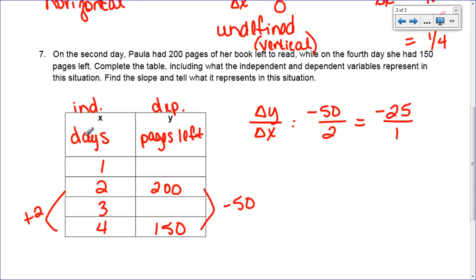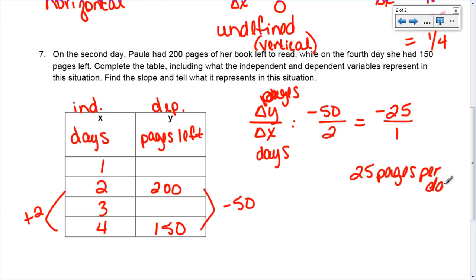And if we convert that to what this means in the situation, y is pages, x is days. And so what this tells me is that she reads 25 pages per day. That's what I know. Every day she reads 25 pages, so every day she has 25 fewer pages left. That's negative because it's about how many pages are left.